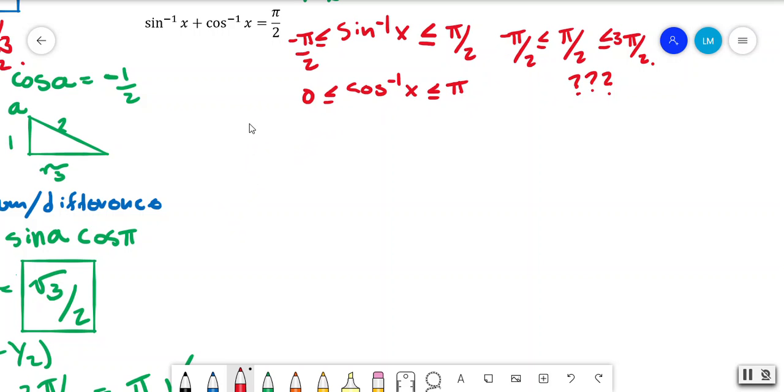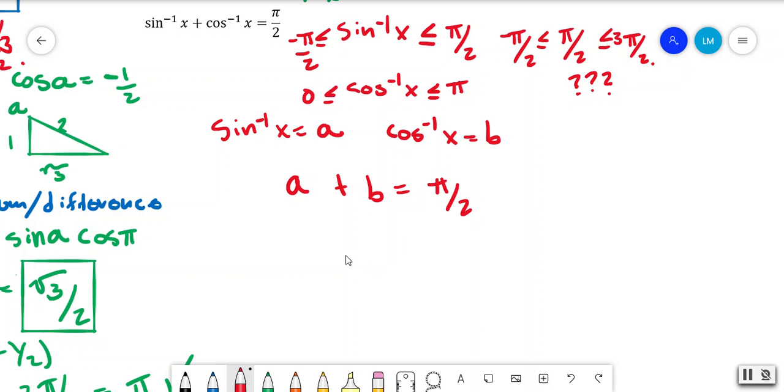The way that I thought about it when I first saw this problem is I said, what if sine inverse of x is equal to a, and what if cosine inverse of x is equal to b? From there, I have the expression a plus b equals pi over 2.